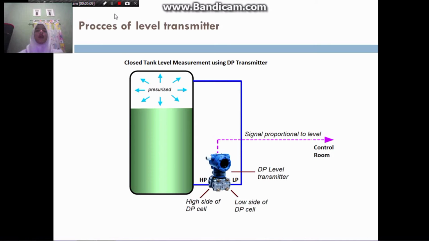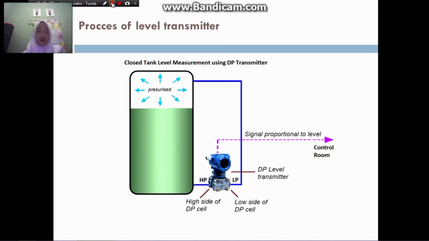Next, the process of the level transmitter. This is the process of the level transmitter. It is a closed tank level measurement using a DP transmitter. It has HP and LP and the control room. So this is the DP level transmitter, low side of the DP cell, high side of the DP cell.